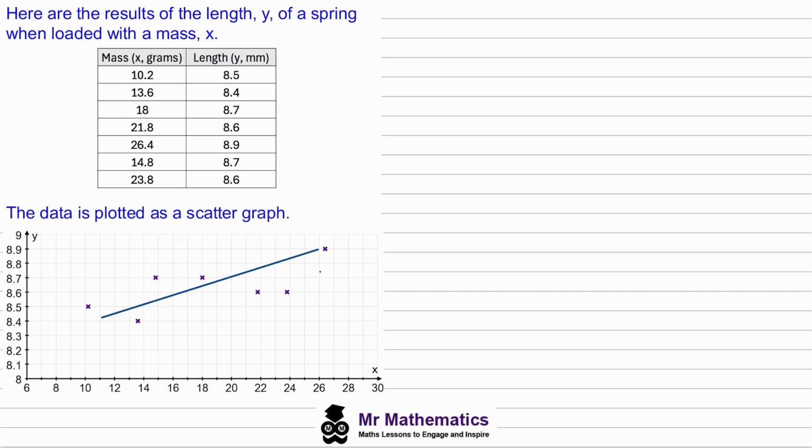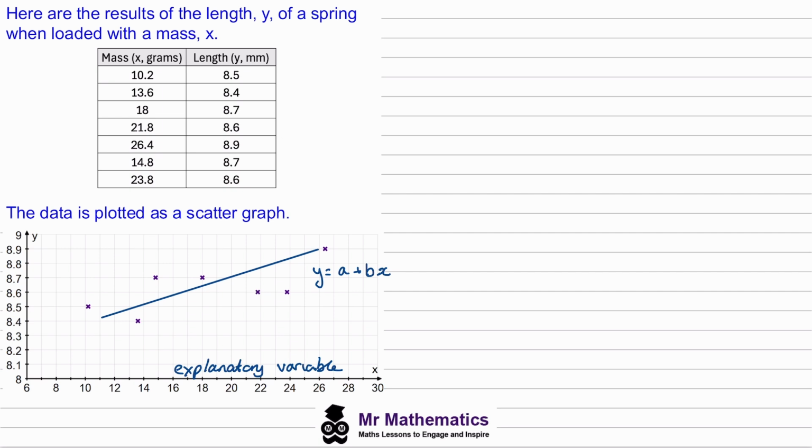And the line of regression is of the form y is equal to a, this is our constant term or the intercept, plus b, this is our gradient, multiplied by x. Now, when we deal with lines of regression, this x will be our explanatory variable.